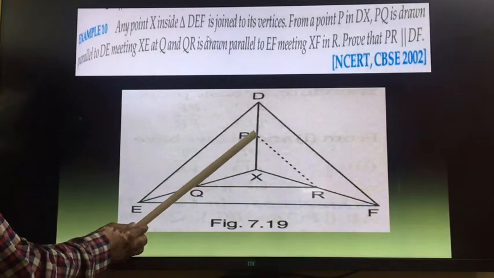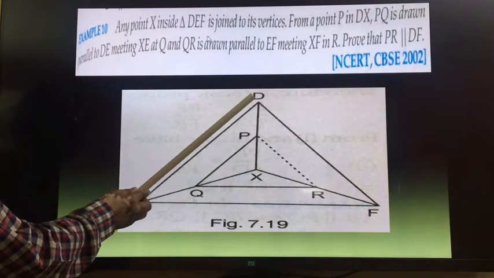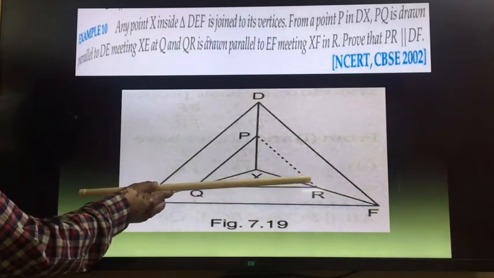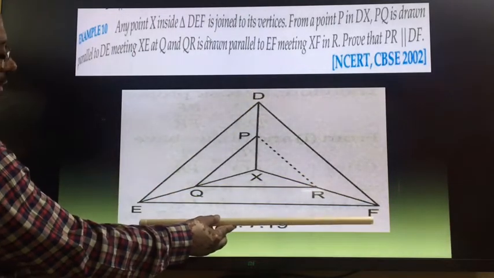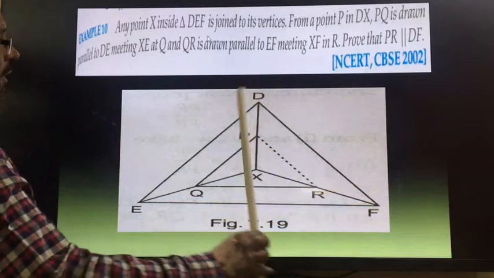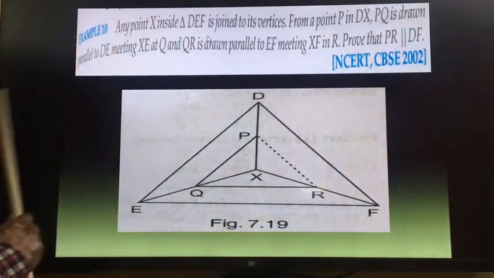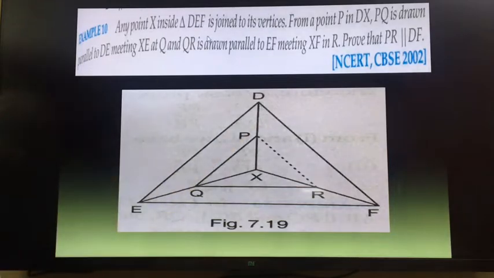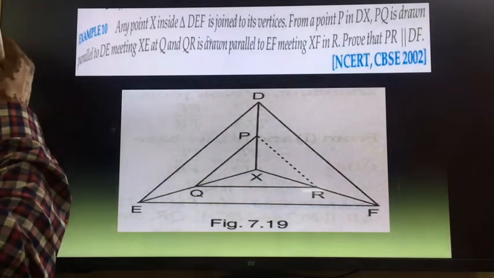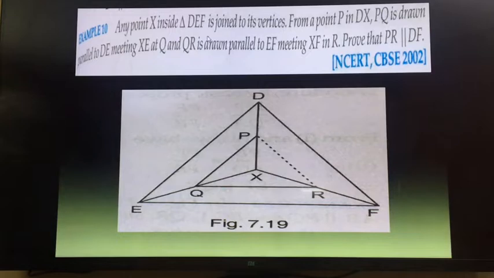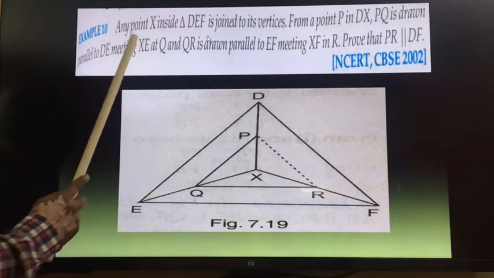Because this line PQ is parallel to DE, QR is parallel to EF, and similarly PR is parallel to DF. So this is the help for this question. This will come to your mind automatically. So please understand the question first.